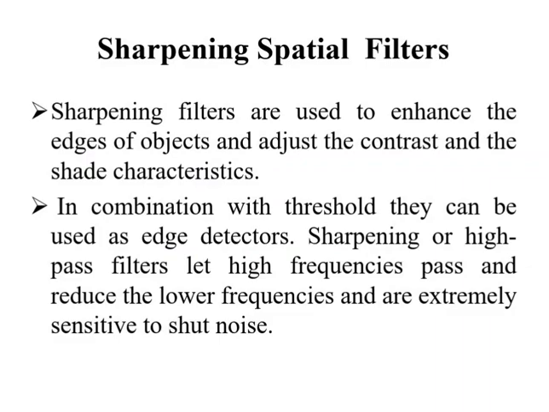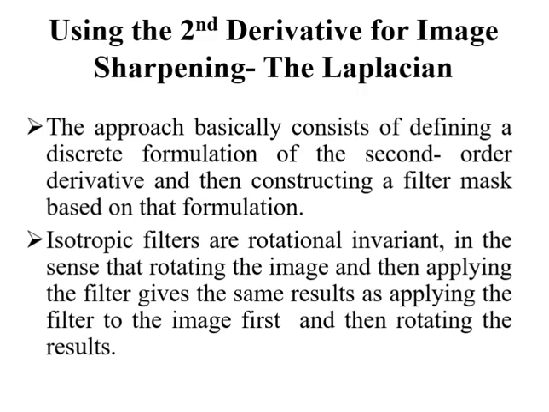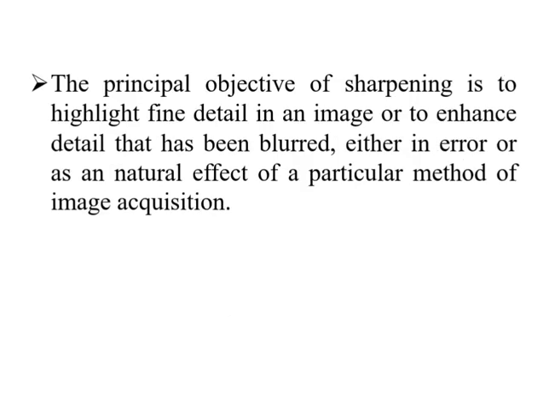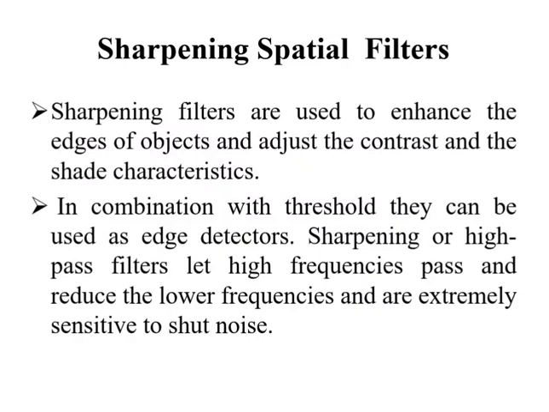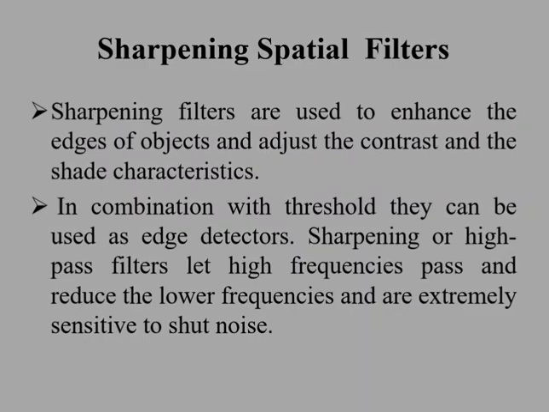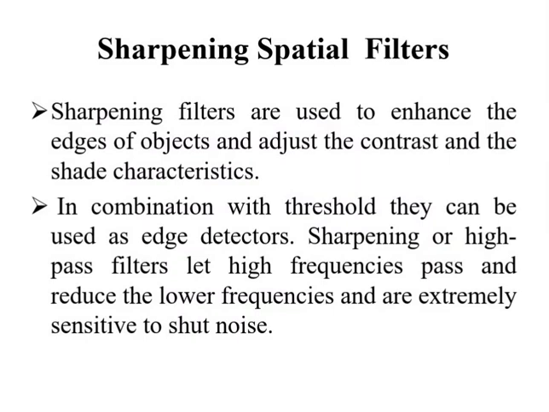We are interested in the behavior of these derivatives in areas of constant gray level, at the onset and the end of discontinuities, step and ramp discontinuities, and along gray level ramps. These types of discontinuities can be noise points, lines, and edges. Let us consider in some detail sharpening filters that are based on first and second derivatives, respectively. Before proceeding with that, however, we stop to look at some of the fundamental properties of these derivatives in the digital context.